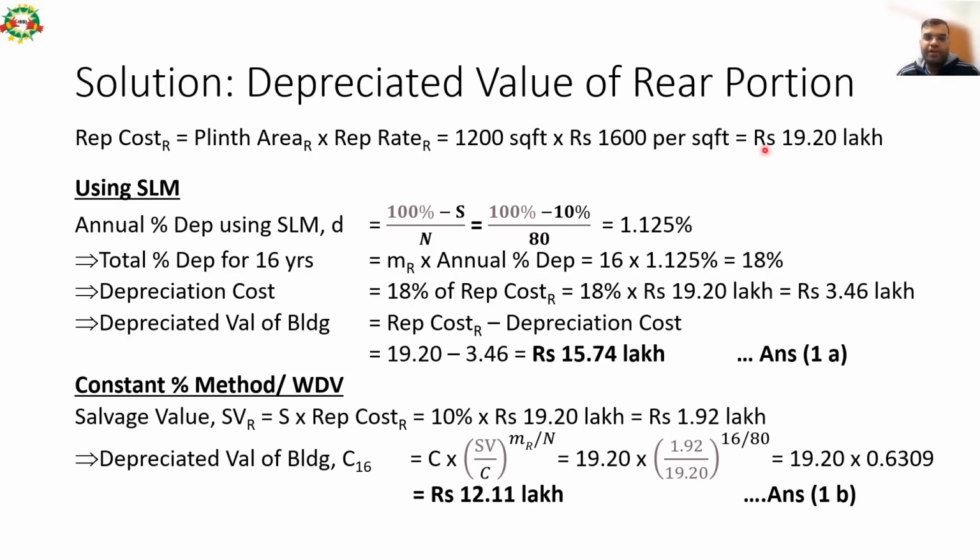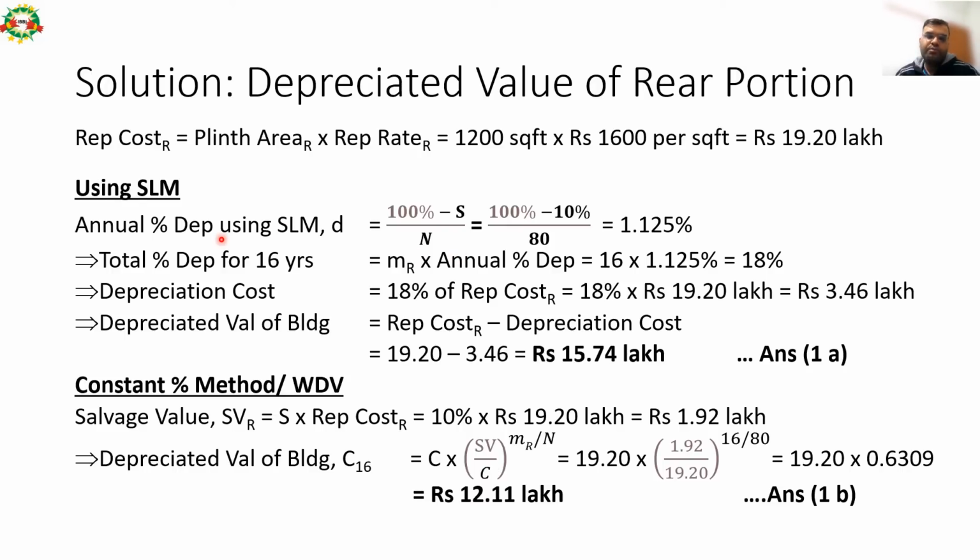So depreciated value of the rear portion. The replacement cost of the rear portion can be calculated with the help of the plinth area of the rear portion and the replacement rate of the rear portion. It has already been given in the question, so it is equal to 19.20 lakh rupees. Right. So in the SLM method, the annual depreciation percentage will be equal to 100% minus salvage, which is given in the question as 10%, divided by the life of the building, which is given as 80 years.